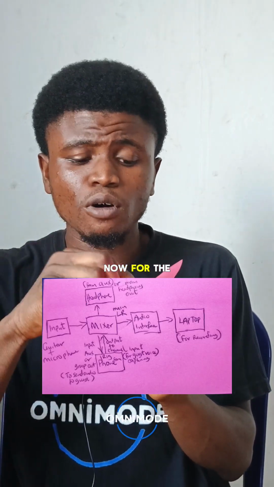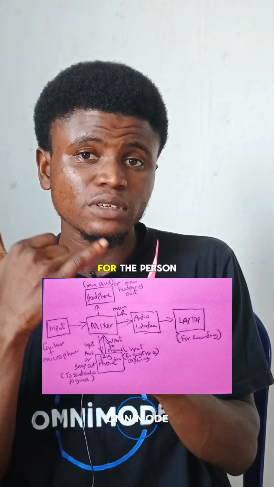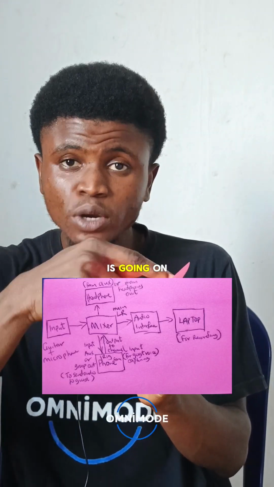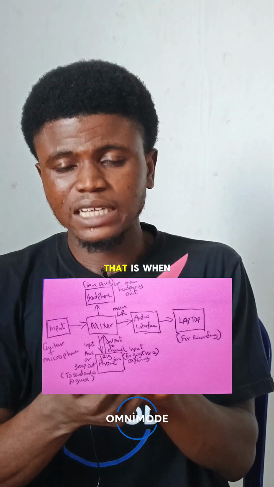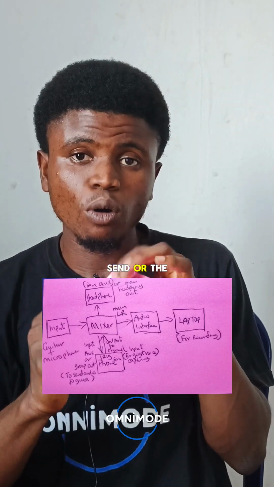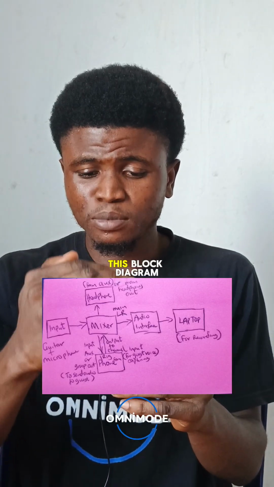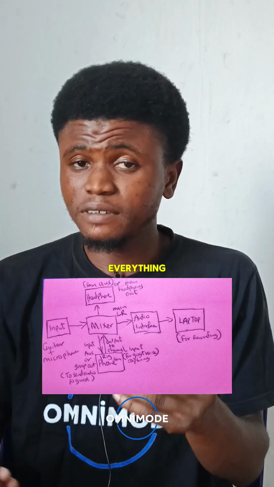Now for the guest, the birthday celebrant, or whoever it is, for the person to be able to hear what is going on in the mixer, you need to use probably an auxiliary send or the group out. I hope you can see how this block diagram is breaking out everything.